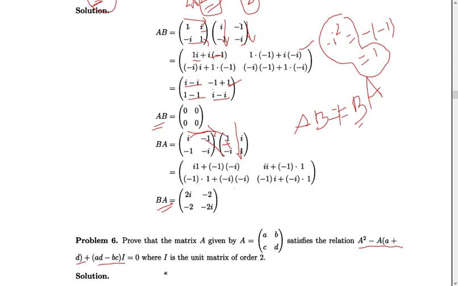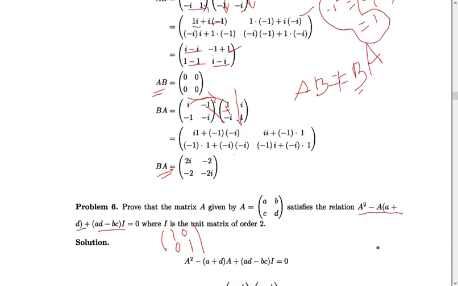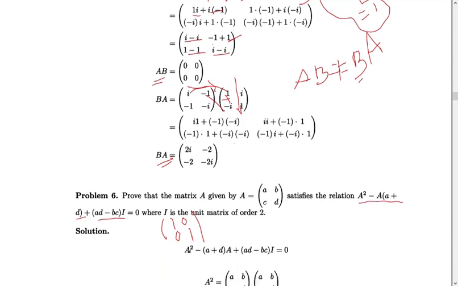Order 2, that's I is equal to [1 0; 0 1]. We have to check whether it satisfies this condition or not. Solution: the given condition is A squared minus (a plus d) A plus (ad minus bc) I is equal to 0.